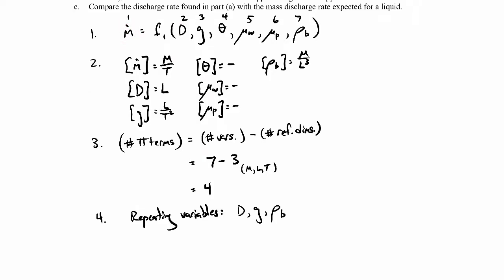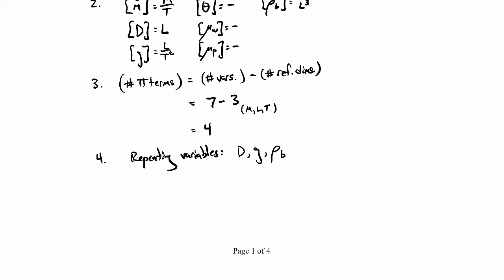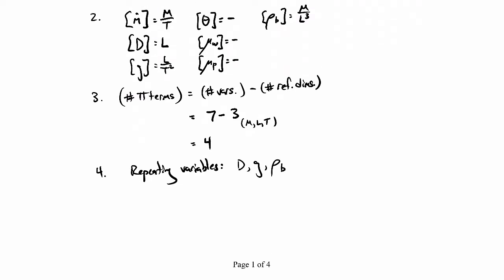So we can't use m dot. We can't use theta, mu w, or mu p because they're all dimensionless. They don't have a mass, length, or a time in them at all, so we can't use those. And then you're just left with 3 variables left over, just the D, g, and rho b, so those have to be our repeating variables. So then we'll make our other terms dimensionless using those.